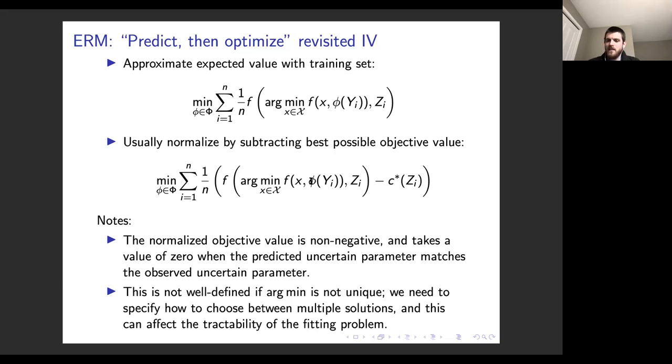Okay. So in a news vendor example, if you know the demand exactly, the optimal action is just to choose the exact demand, right? But if you know a distribution, the optimal thing is to choose a quantile of that distribution. So in that case, what predict and optimize does is instead of feeding it its best prediction of what it thinks average demand is going to be, it feeds it that quantile.